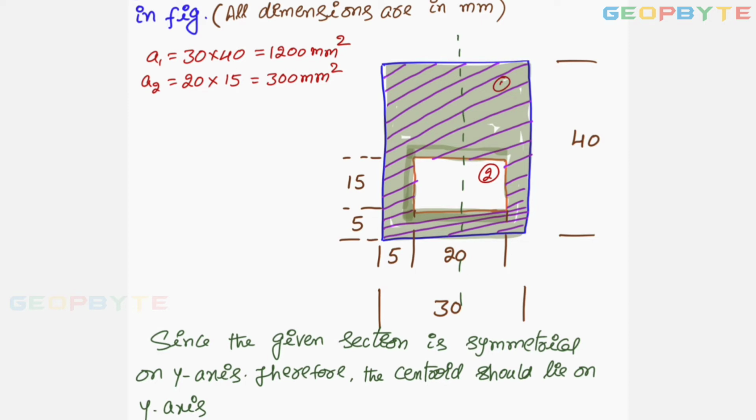Then y1, join the diagonals for section 1, wherever the diagonals are meeting, that is the y1.